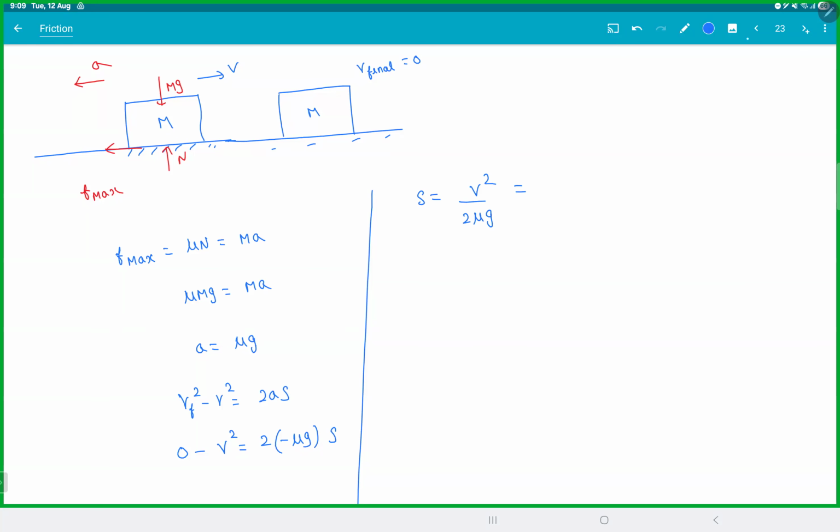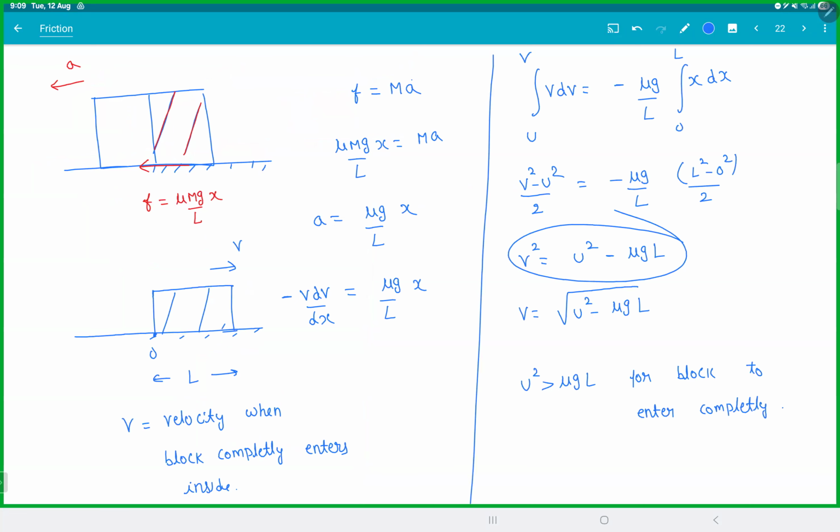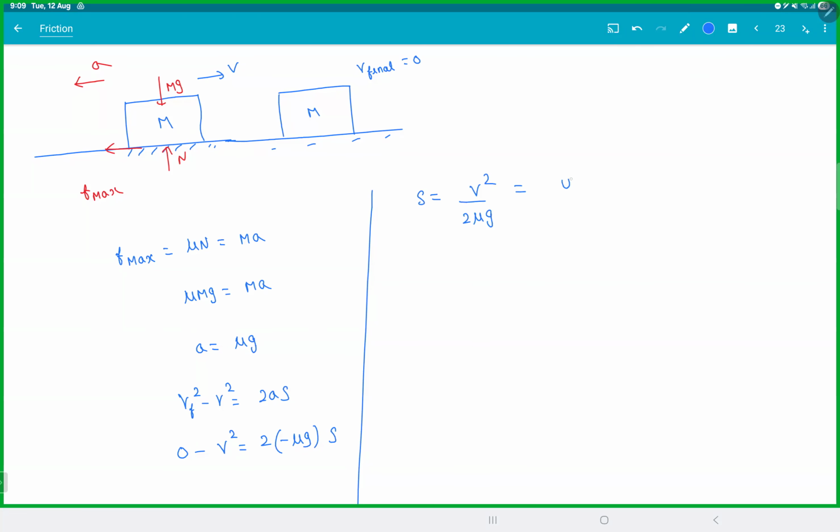But what is v square? V square is this guy, u square minus mu gl. So we have u square by 2 mu g minus l by 2. So this is the distance traveled inside, after entering.